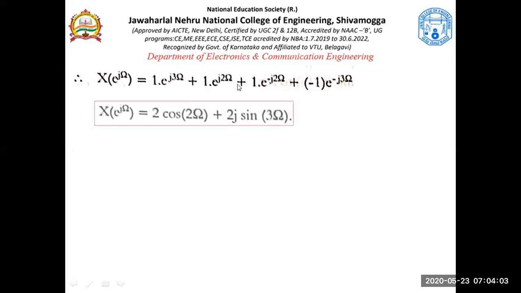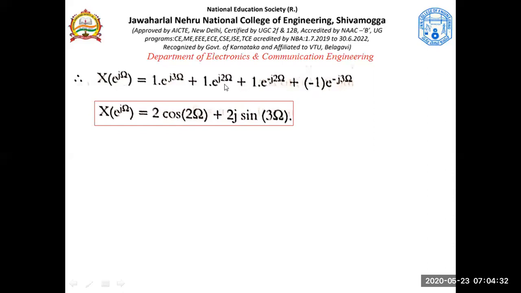Now these exponentials can easily be expressed in terms of sinusoids. How? e power j3 omega is there, and here you have e power minus j3 omega. So these two will constitute the sine signal, and these two will constitute the cos signal as shown here.